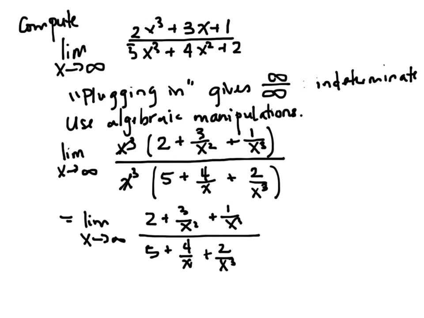And now if we look at this, we can try plugging in or using the basic limit laws. Each of the terms, 3 over x squared, 1 over x cubed, 4 over x, and 2 over x cubed, those all go to 0.